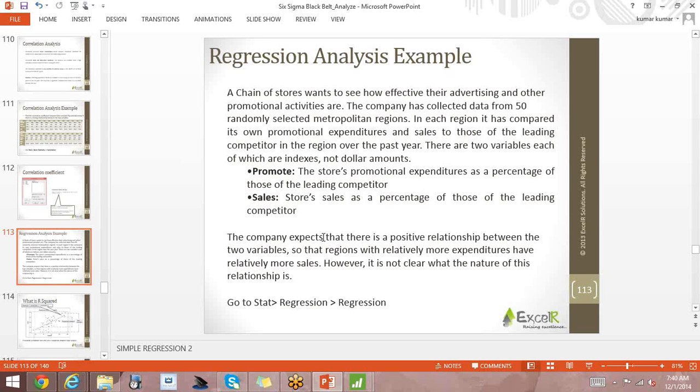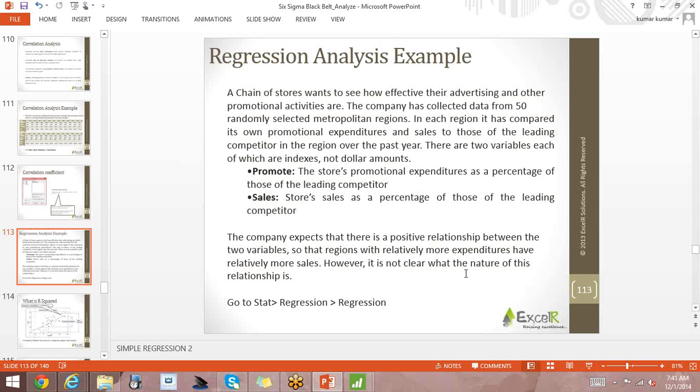Now the company expects that there is a strong positive relationship between the two variables. Between my promotional expenditure and sales, my company is expecting a positive relationship, so that regions with relatively more expenditures have relatively more sales. However, it is not clear what the nature of the relationship is.